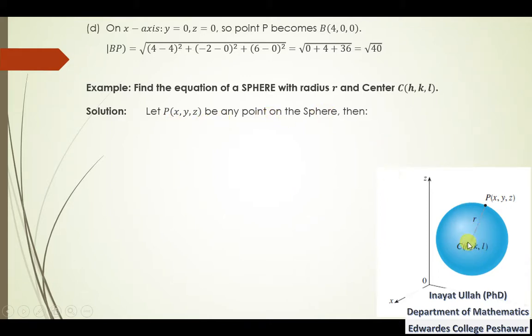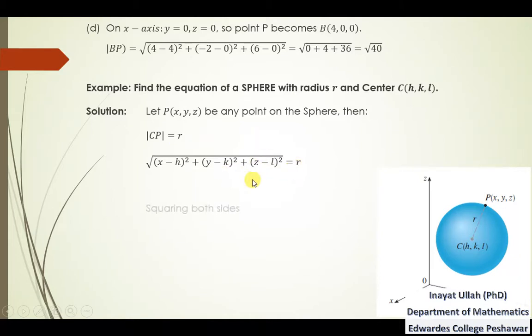Now by the distance formula, this CP distance is actually r, the radius. Now how could you calculate the CP distance? The square root of (x minus h) whole square plus (y minus k) whole square plus (z minus l) whole square. That is, the CP distance is equal to r.